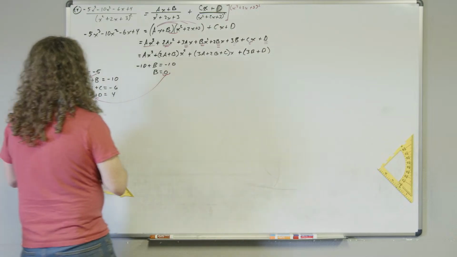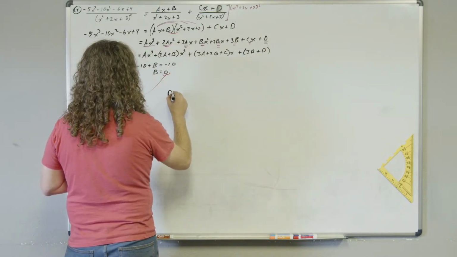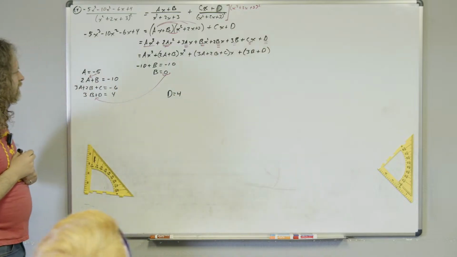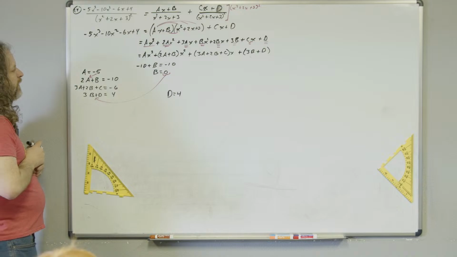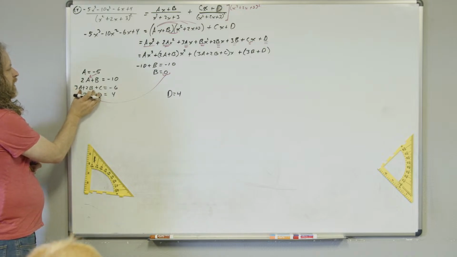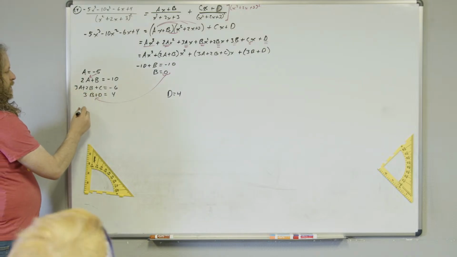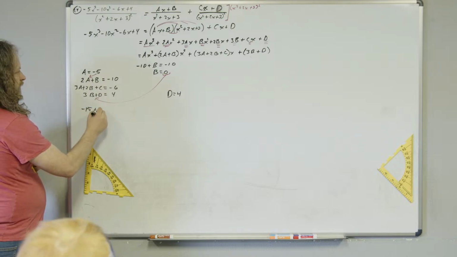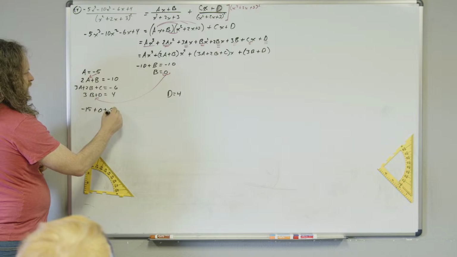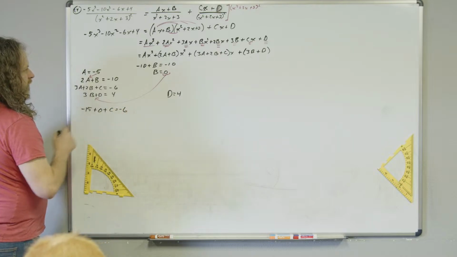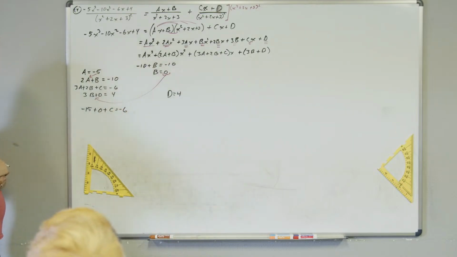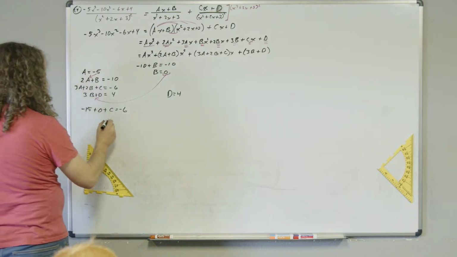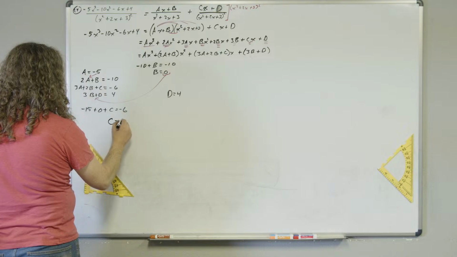And we end up with d equals 4. Great. And then we can substitute a and b into here. End up with -15 plus 0 plus c equals -6. We add 15 to both sides and we end up with c equals 9.